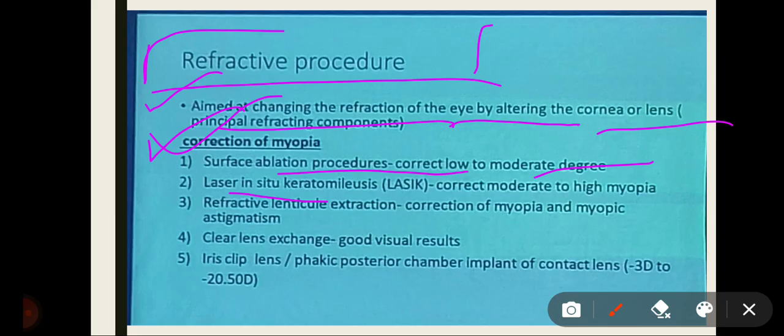Refractive lenticule extraction corrects myopia and myopic astigmatism. Clear lens exchange gives good visual results. For iris clip lenses, we use phakic posterior chamber implants or contact lenses. This is for -3 diopter to -20.5 diopter.